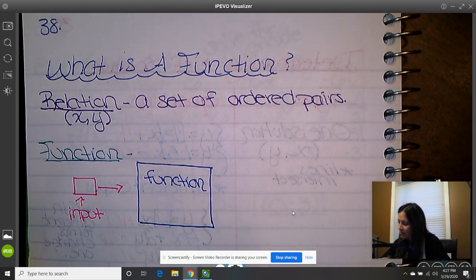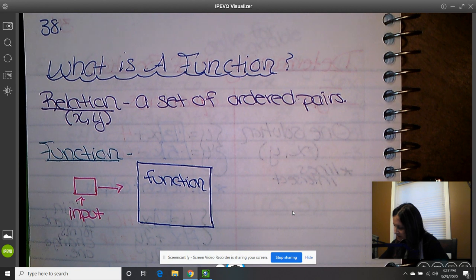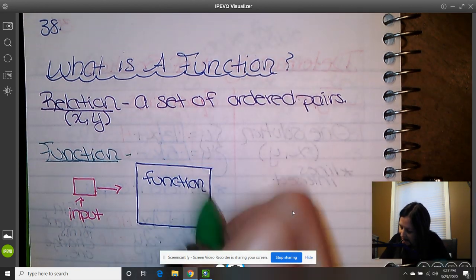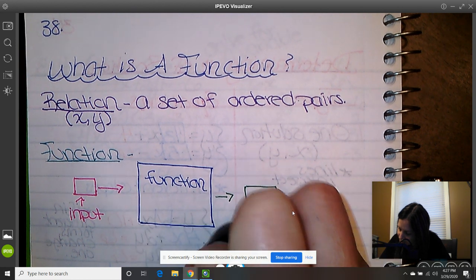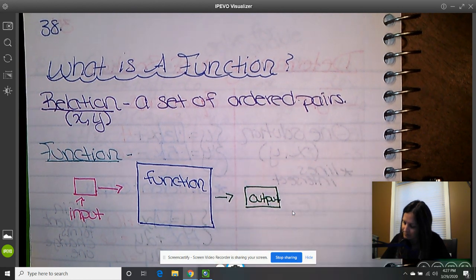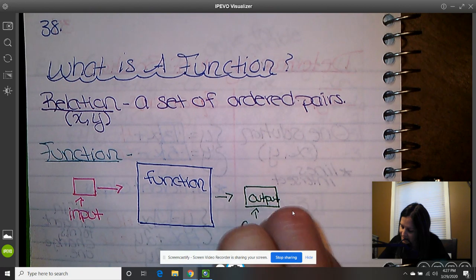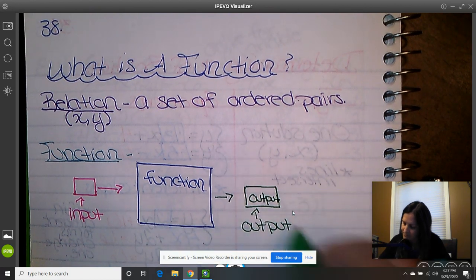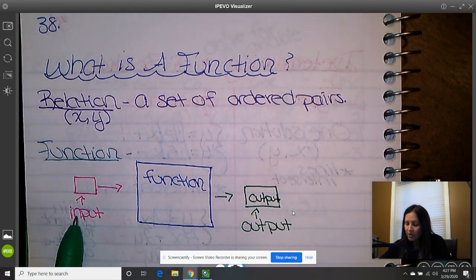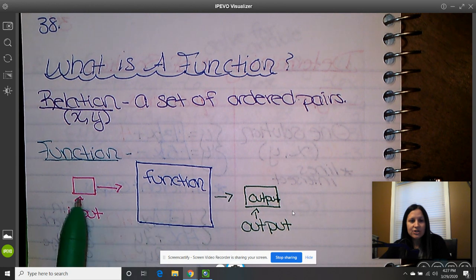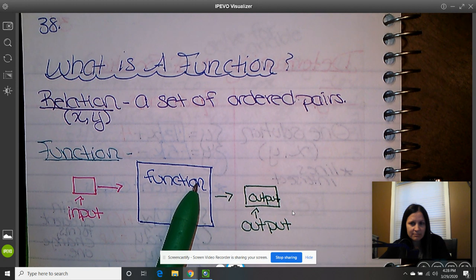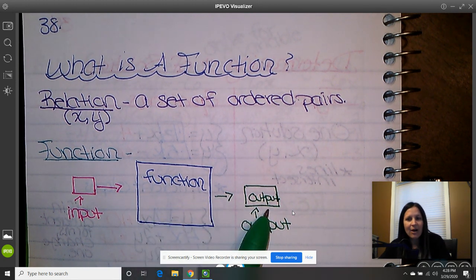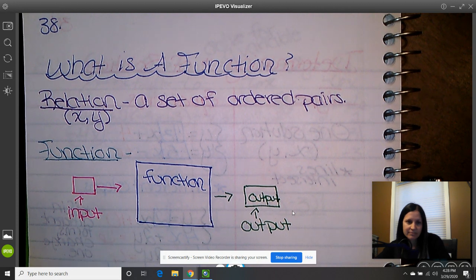And after it performs the function, I get out an output. Sorry, that says output. So I put my dirty dish into my washing machine, it performs its function, and I get out a clean dish.